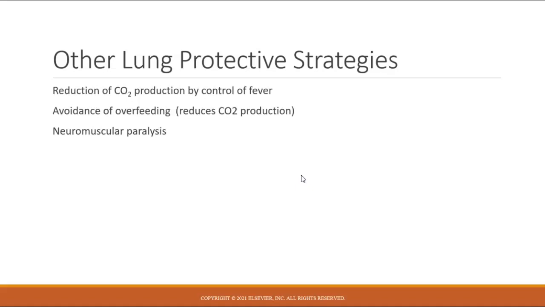And then neuromuscular paralysis is kind of the final way that we do this. Usually for patients with severe ARDS, this is another proven mechanism: if we paralyze them for 12 to 48 hours, that helps stabilize the patient, decreases their oxygen consumption and CO2 production, and helps us manage their oxygenation and ventilation more.